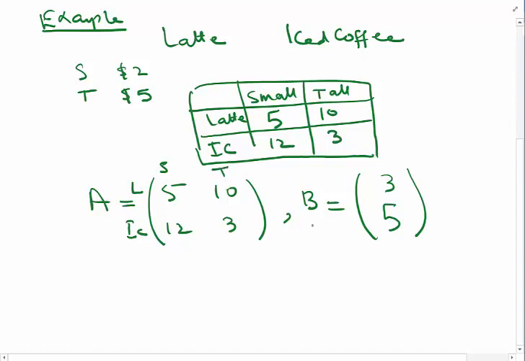Alright, and if you decode matrix B, the first row shows the small, the second row shows the tall, and the column shows the cost. Alright, now in the first part we need to find A times B.